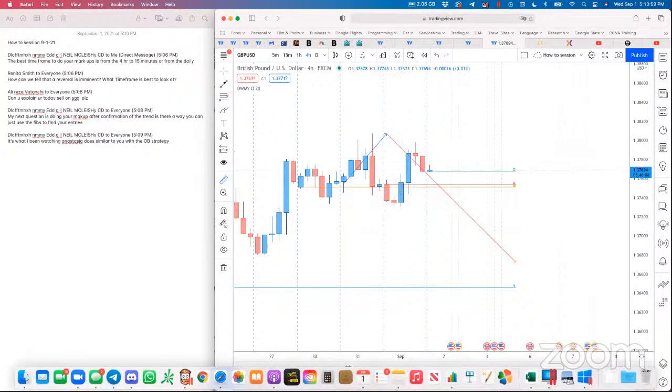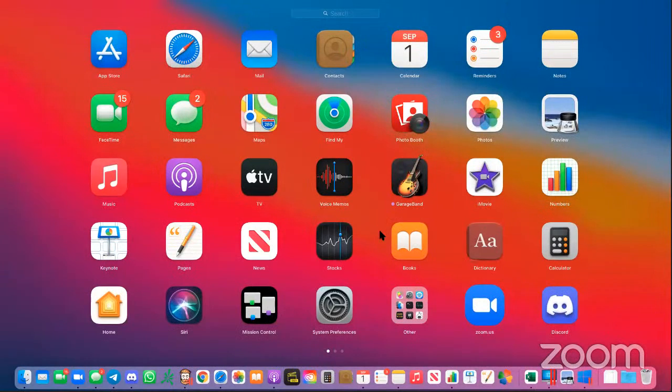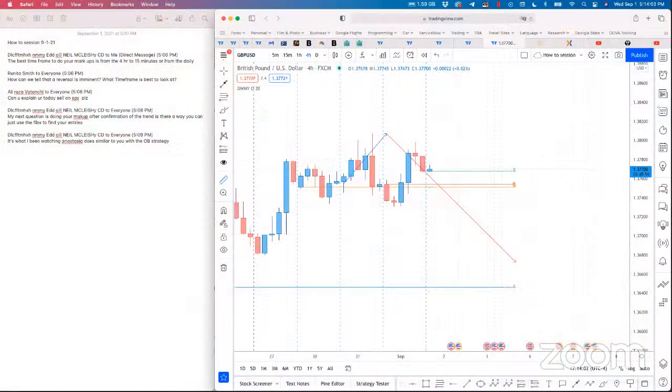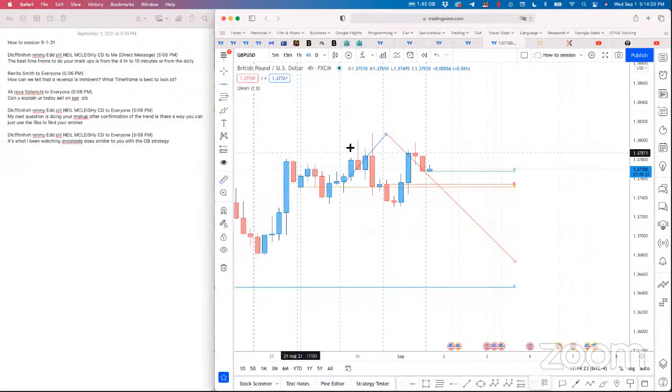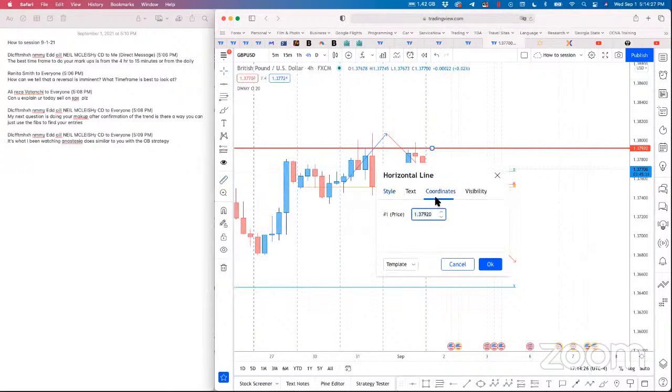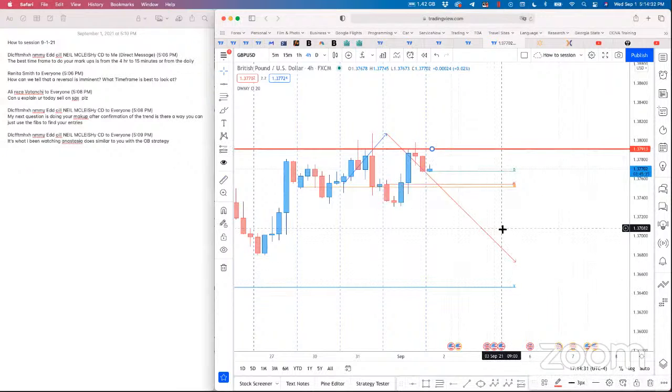Let me go back and see what the entry was real quick. We could have actually stayed in, but today was really suspect, so I wasn't trying to stay in it. We got an entry right here.